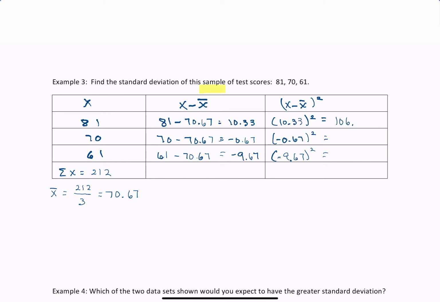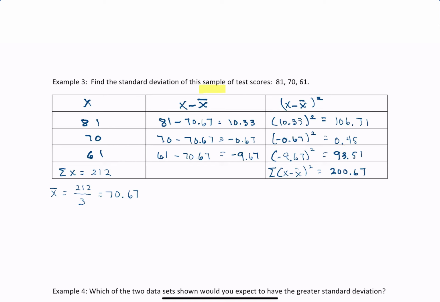I'm going to continue rounding to 2 decimal places. Now I need to add those up. The sum of the x minus x bar squareds is 200.67.